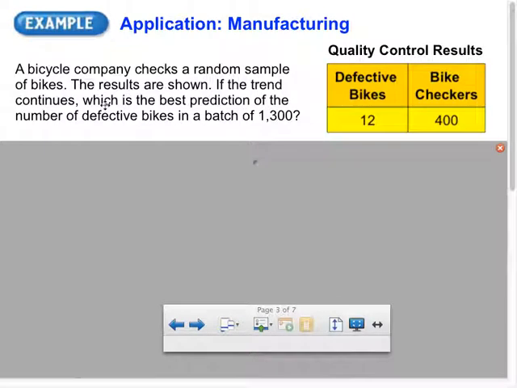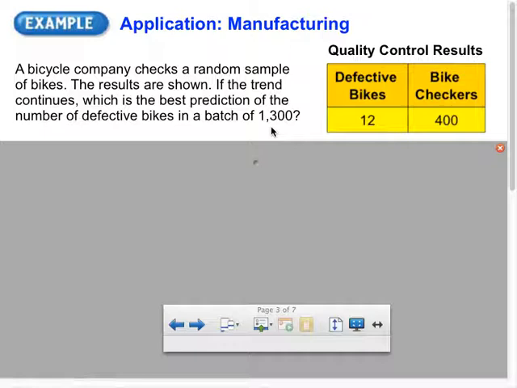If the trend continues, which is the best prediction of the number of defective bikes in a batch of 1,300 bikes? So if you look over here, they randomly checked 400 bikes. Of those 400 bikes, 13 were defective.